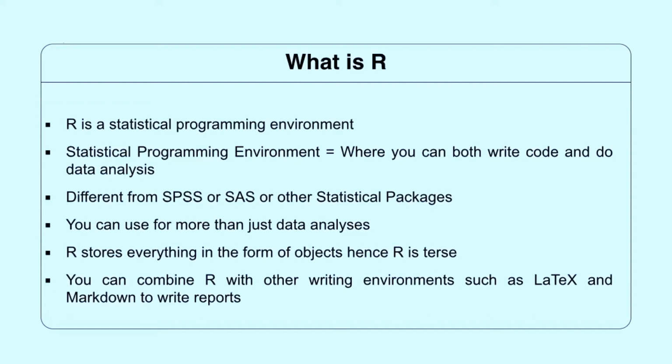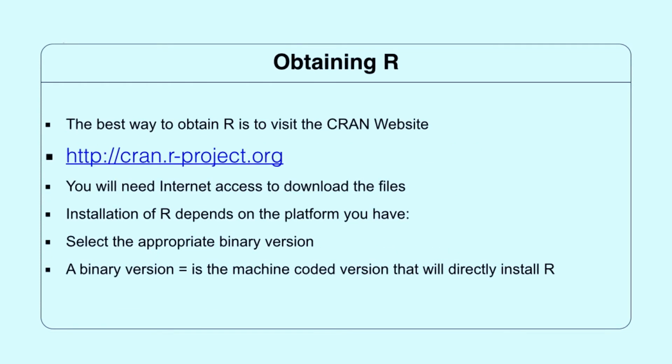So to get started, first things first, we need to obtain R from a source. And the best way to obtain R is to visit the CRAN website. CRAN stands for Comprehensive R Archive Network, which means this is a website, and I say it's a website because it is a site that consists of a number of different pages, as we shall see soon.